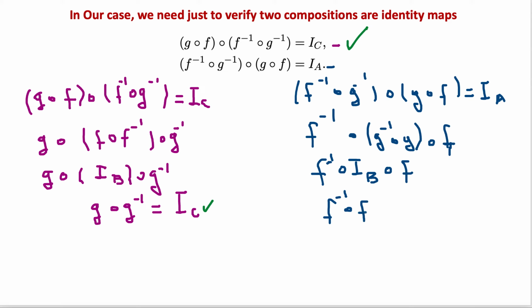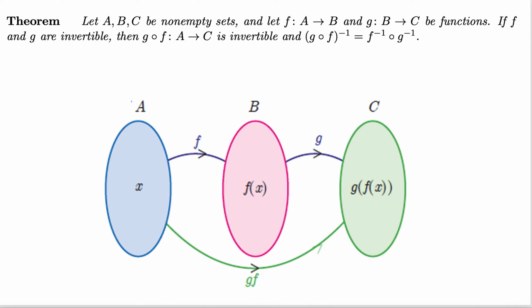And this composition from the inverse function of f to f is going to be the identity in the set A. So this is what it is. We already proved the second identity map, which means it holds, and this completes the proof of this theorem.